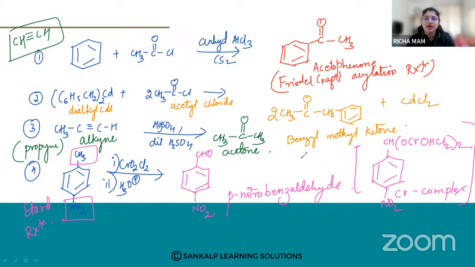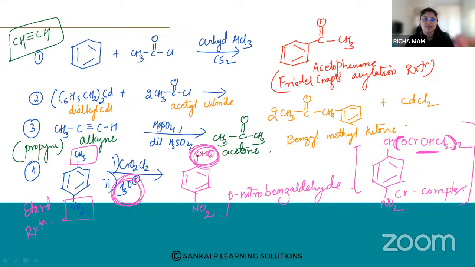This intermediate product will undergo hydrolysis. The second step is hydrolysis. Upon hydrolysis, an oxygen atom is introduced in place of this group, and we get an aldehyde, with the chromium compound as the side product.